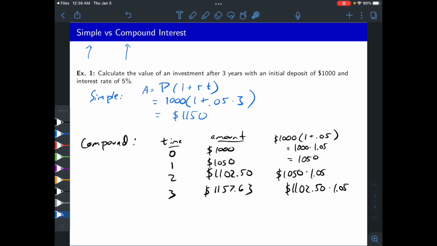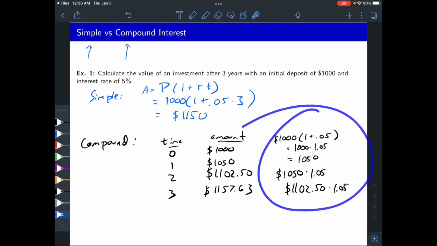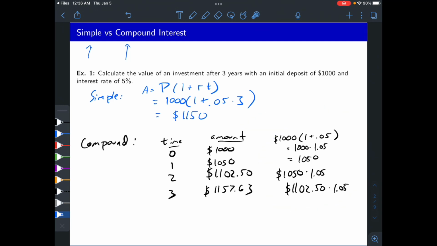Okay, so this would be how much we're making. Notice that this whole process seems much more complicated than what's going on over here, but we will develop a formula because there is a pattern: we're repeatedly multiplying by 1.05. There is a little bit that we can do to simplify this whole process, which I'll tell you shortly.